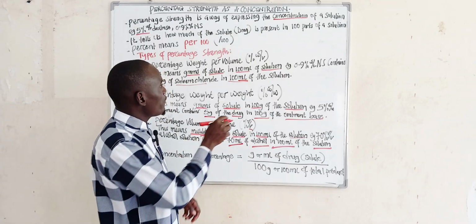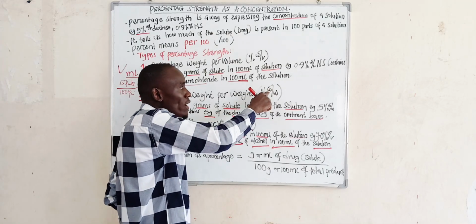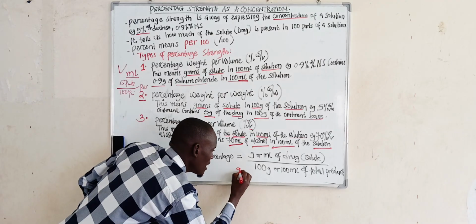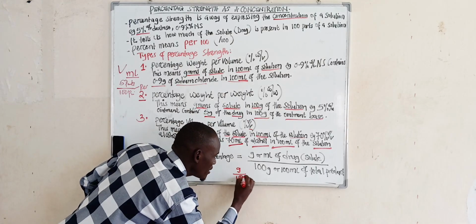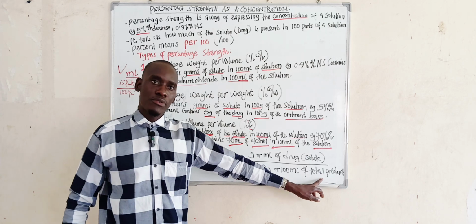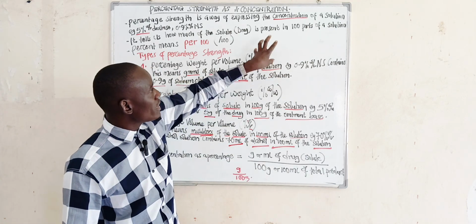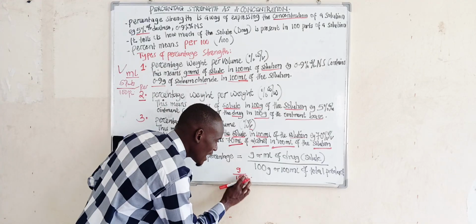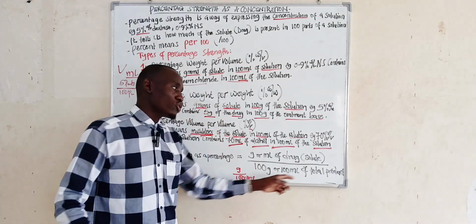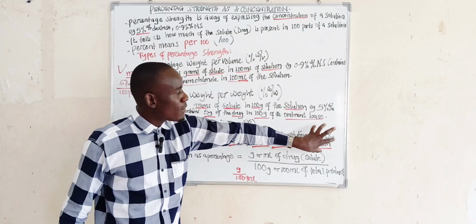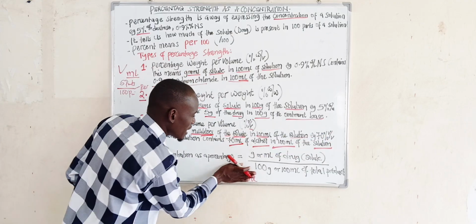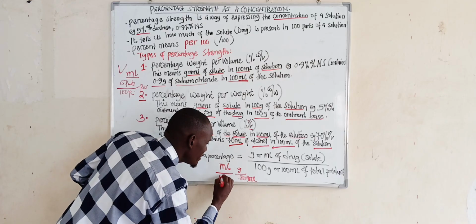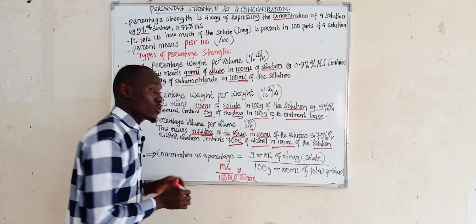For example, if we have percentage weight in weight, we shall have it as grams out of 100 grams of the total product. If we have percentage weight in volume, we shall have it as grams divided by 100 mls of the total product. If we have percentage volume in volume, we shall have it as mls per 100 mls of the solution.